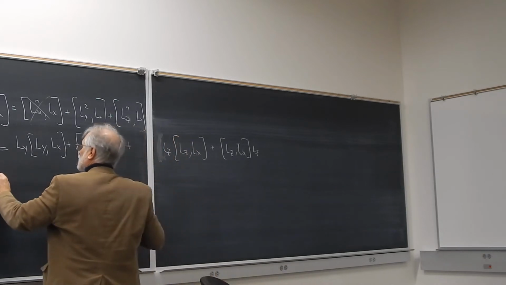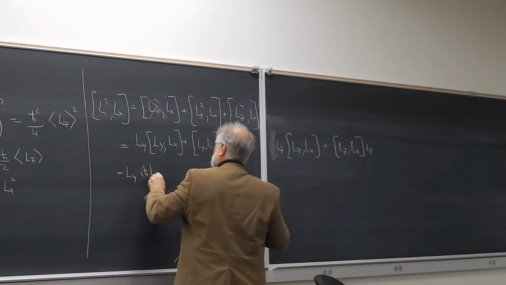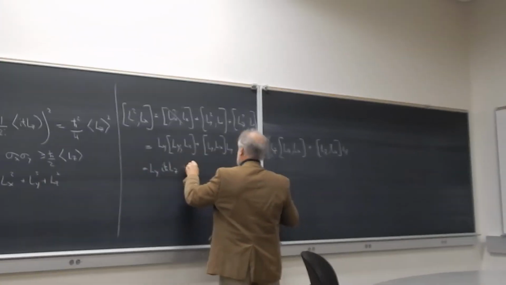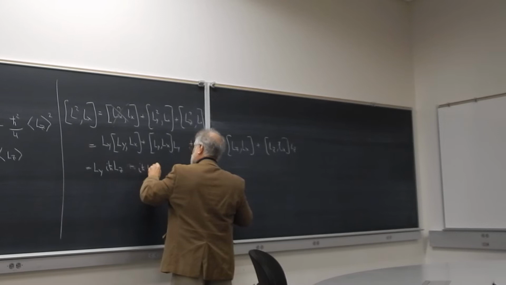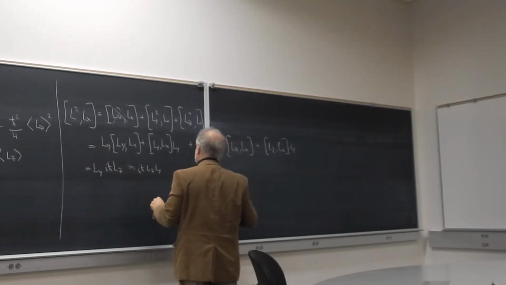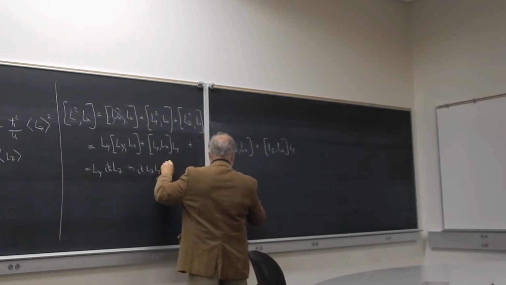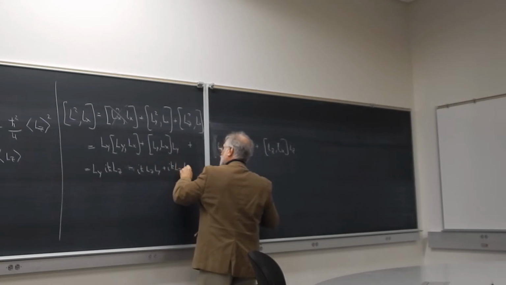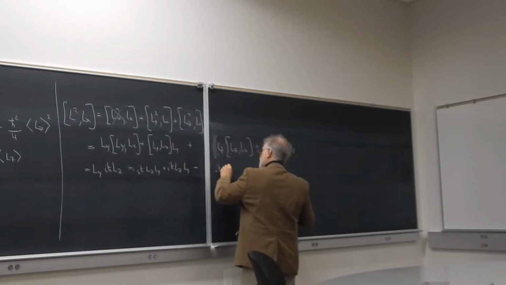I can write this then as Ly times i h bar Lz minus i h bar Lz Ly plus i h bar Lz Ly minus i h bar Lz Ly.